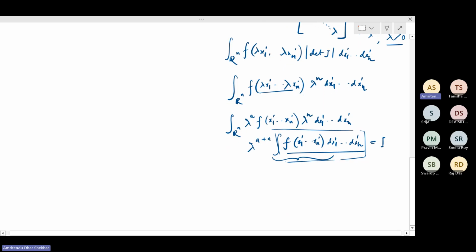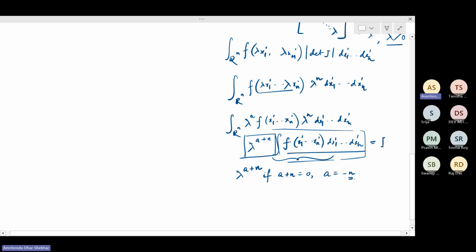The domain of this thing continues to be Rn only. But now what happens is that we end up getting this extra term over here, which is lambda to the power a plus n. Okay, so this is only possible if a plus n is equal to 0. That is, if a is equal to minus n.